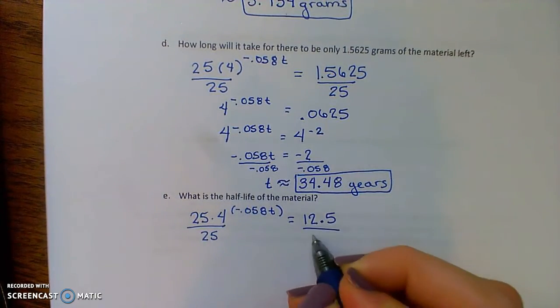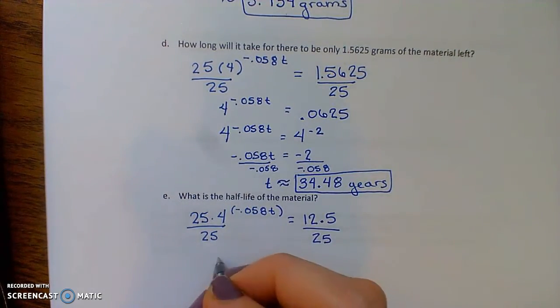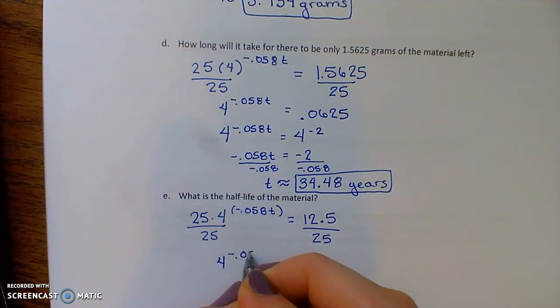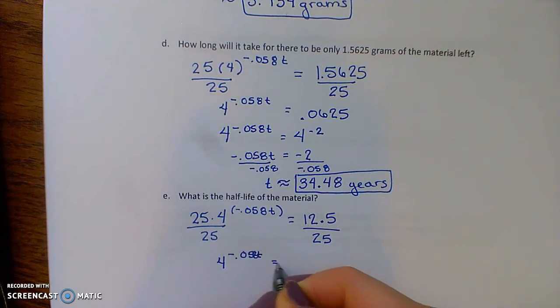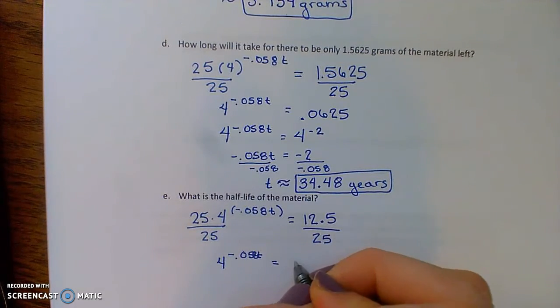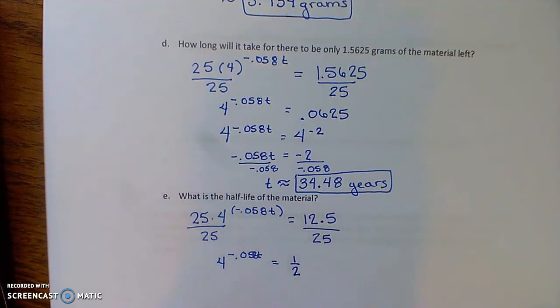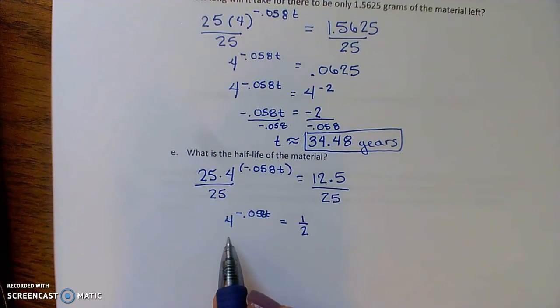And here's where we could have done that shortcut. 12.5 divided by 25 is 1/2. So I set the equation without the coefficient equal to 1/2 to find the half-life.